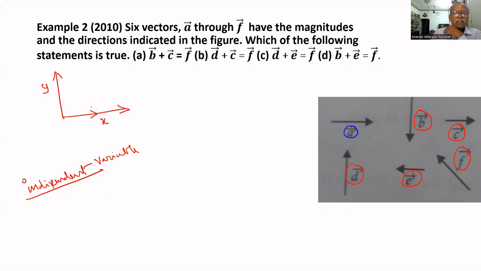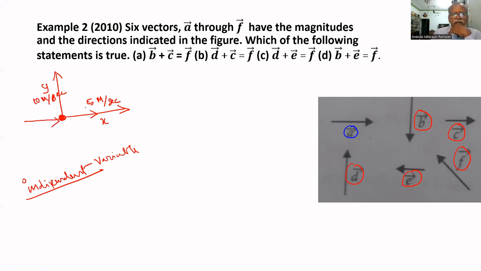Here, this is the mass. It has a velocity of 5 meters per second along the x direction. The same mass has a velocity of 10 meters per second along the y direction. Suppose I give a force in this direction.